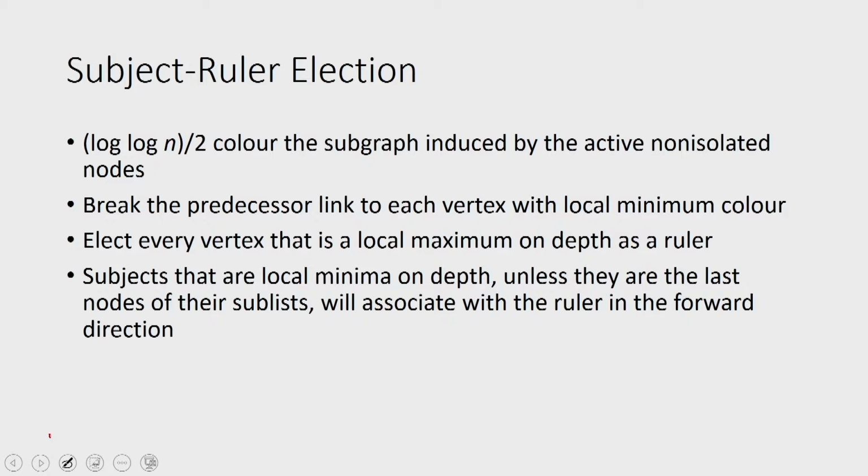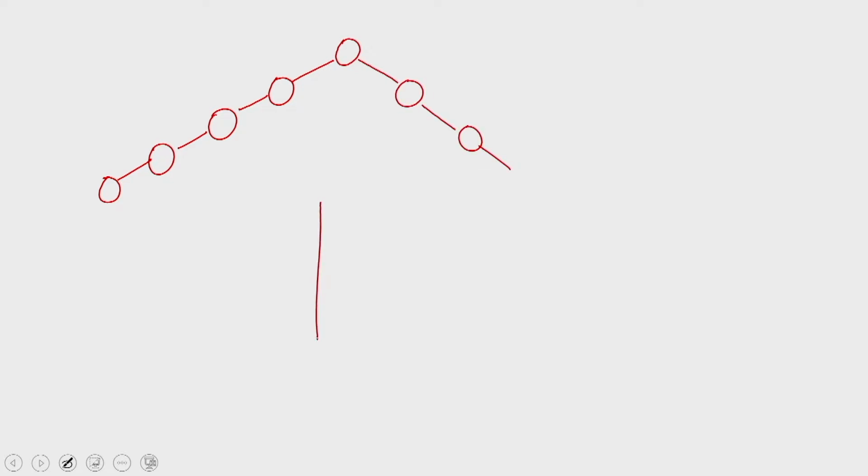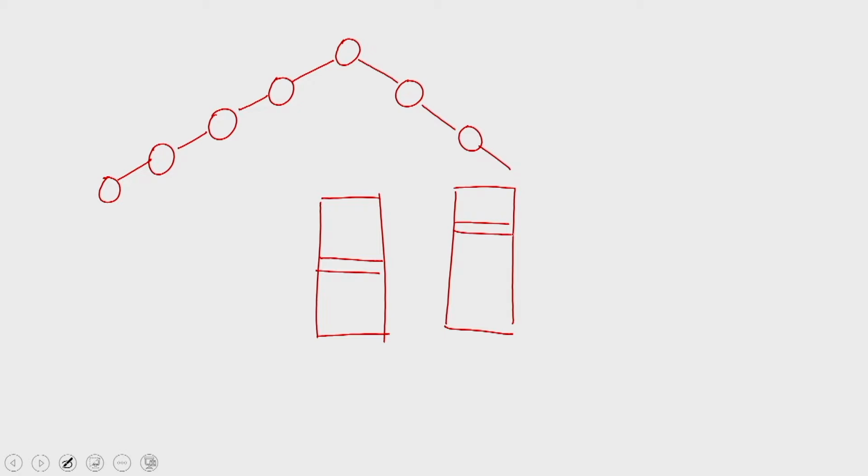So, we are taking a look at these sublists once again and then finding the local maximum on the basis of depths. The idea is that a node that has a higher depth has advanced more in its column than a node that has a lower depth.